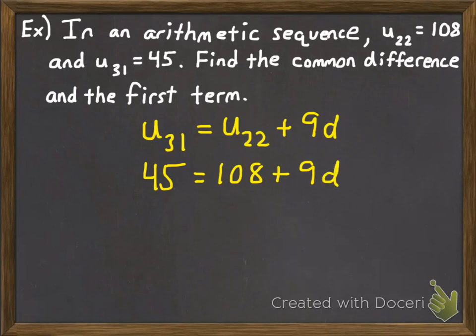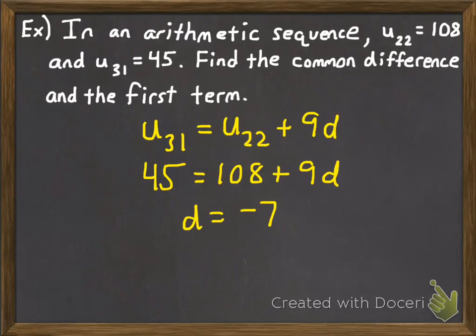And now I can figure out what the common difference is just by subtracting 108 and then dividing by 9. And if you subtract 108 and then you divide by 9, you're going to find out that the common difference is -7.